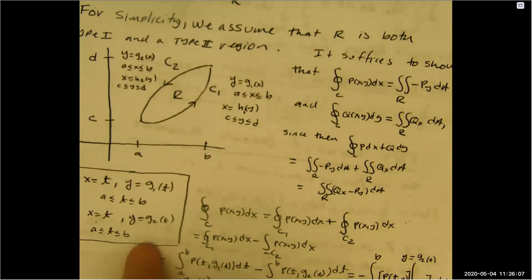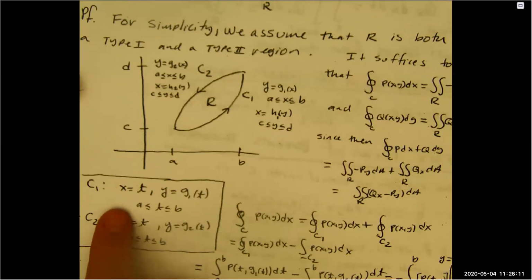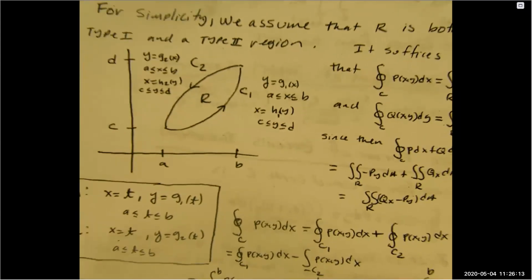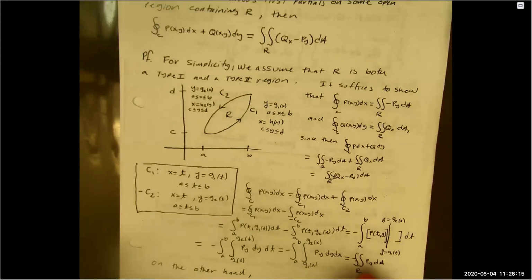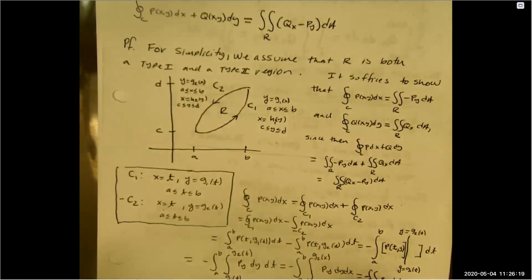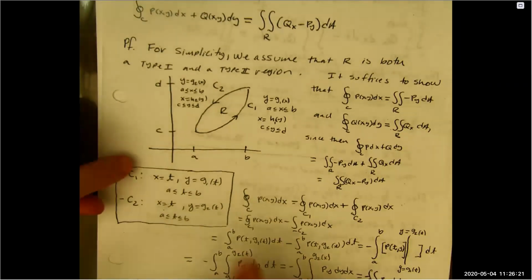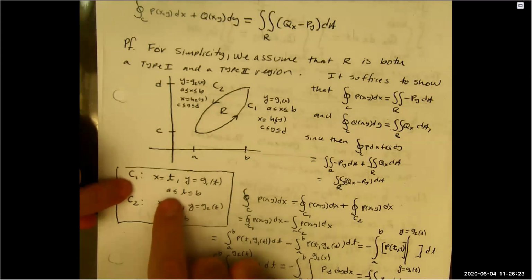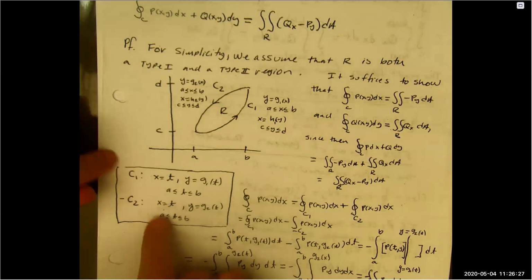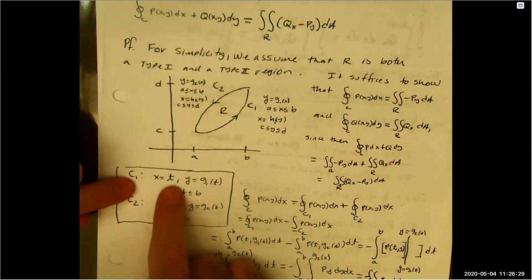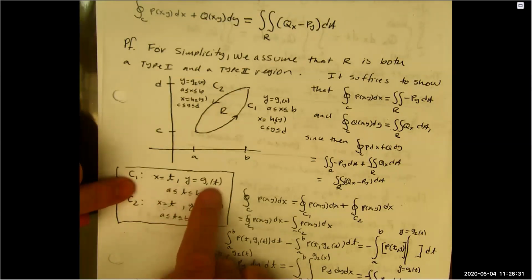Let me zoom out just a little bit here, sorry. Okay, so we're going to have C1. We're going to let x equal t and y equal g1 of t, where t goes from a to b.